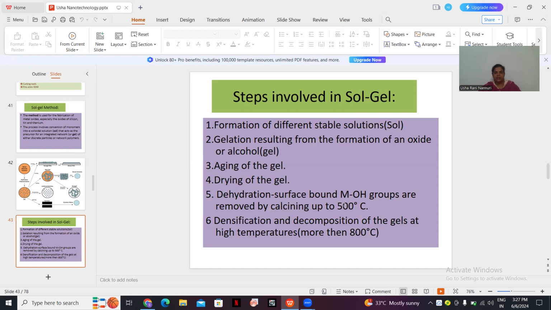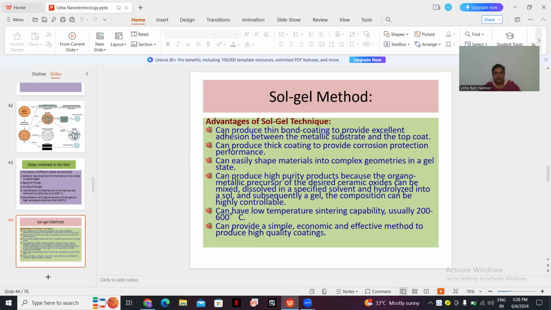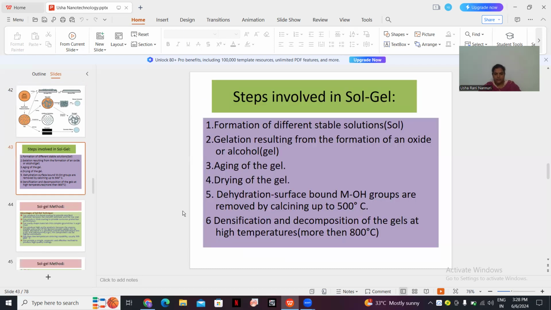Surface bound M-hydroxide groups are removed by calcining up to 500 degrees centigrade. Then densification and decomposition of the gels occur at high temperatures, more than 800 degrees centigrade.